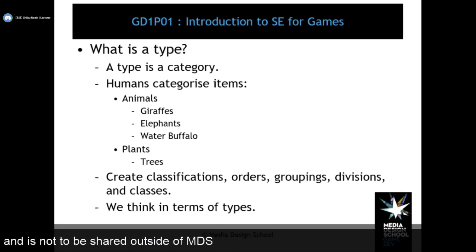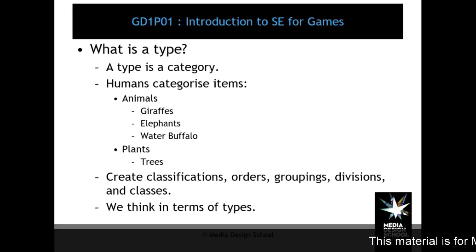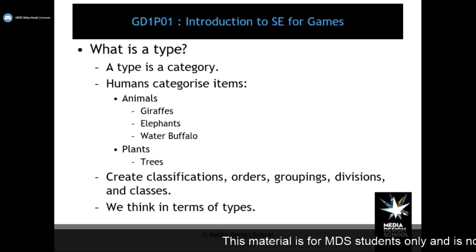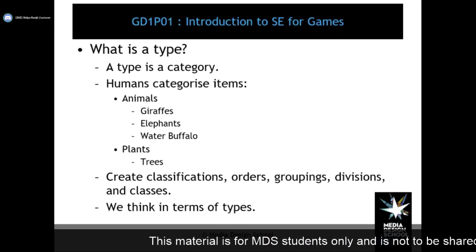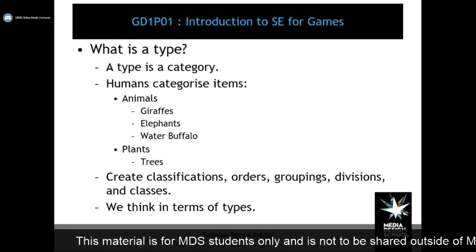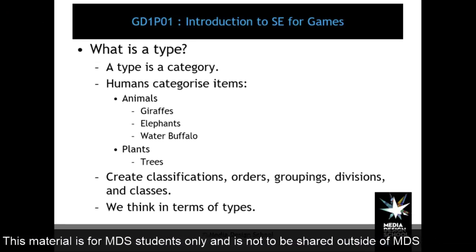So in these cases, one type is going to be an animal type, the other a plant type, and so on. We create classifications based on our requirement, and these are created using classes.